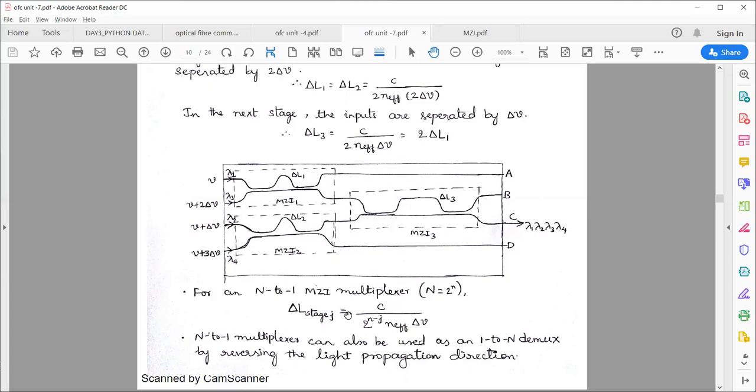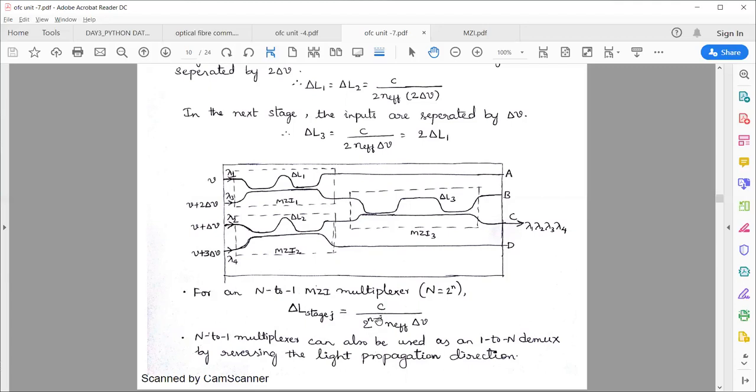Small n is whether N is 4 or 8 or 16. So that is the value that you have to substitute as small n. J is the stage in which you need to compute the value of delta L. Okay, is that clear?